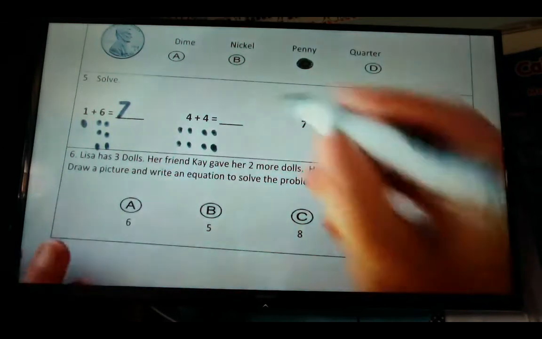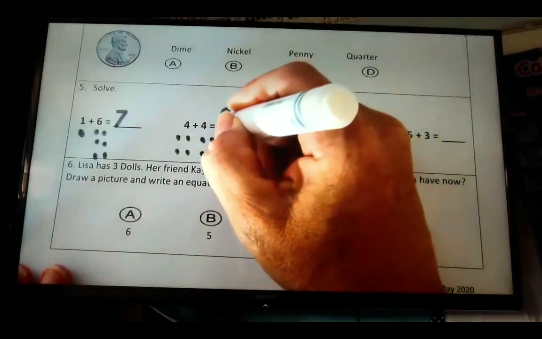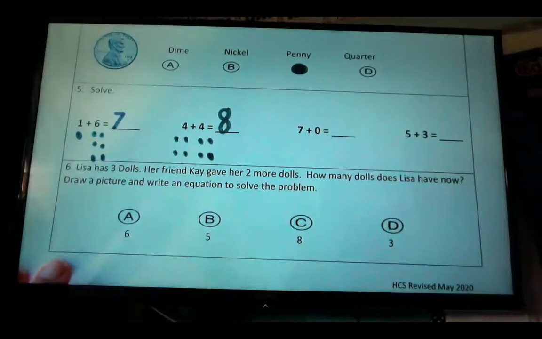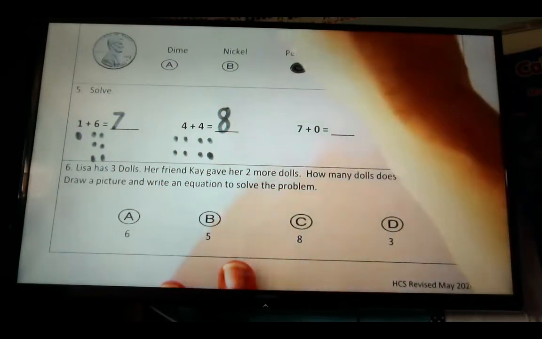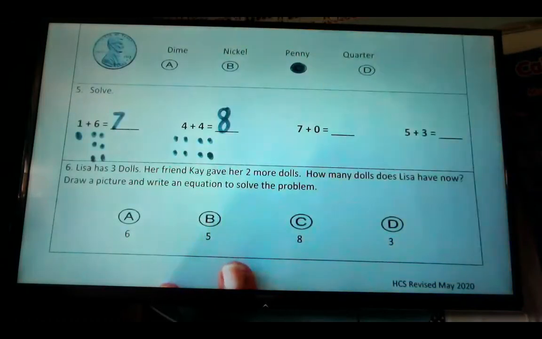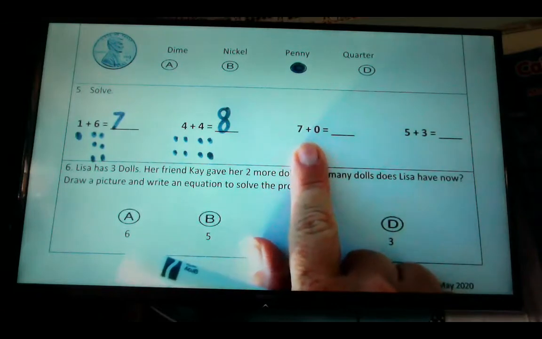Put an 8 in the blank. Now, let's read the equation together. 4 plus 4 equals 8. Nice job. Let's read the third equation.